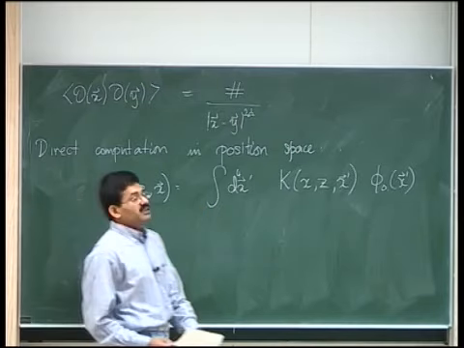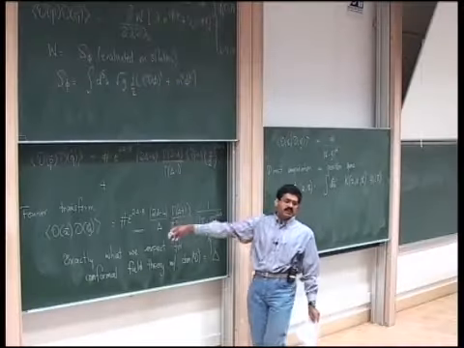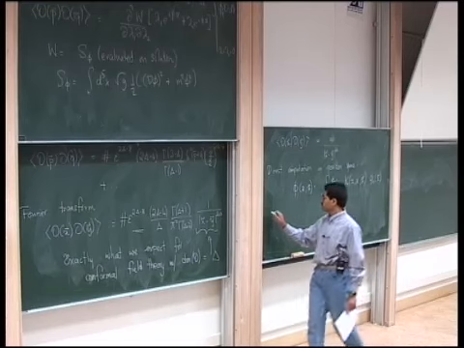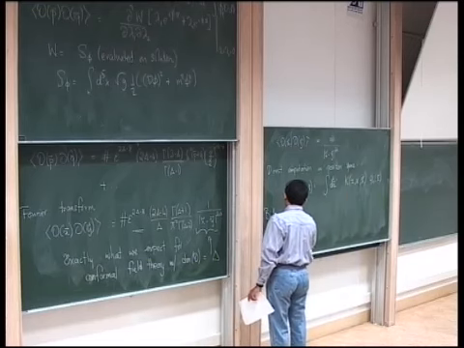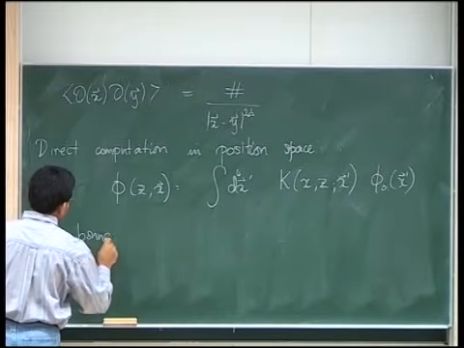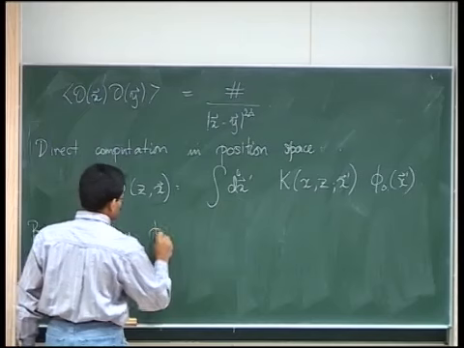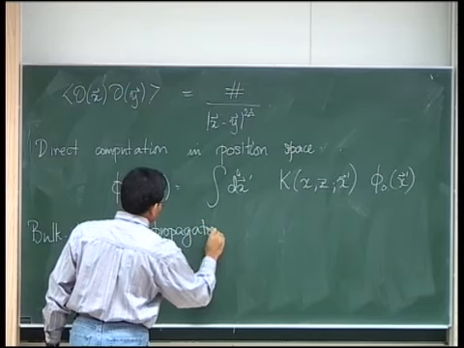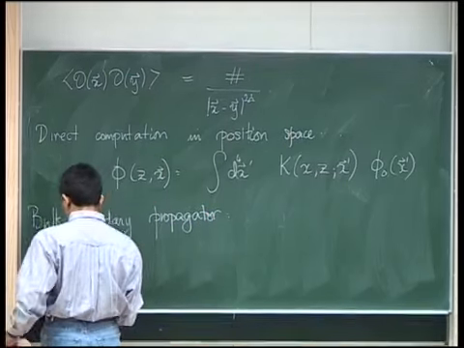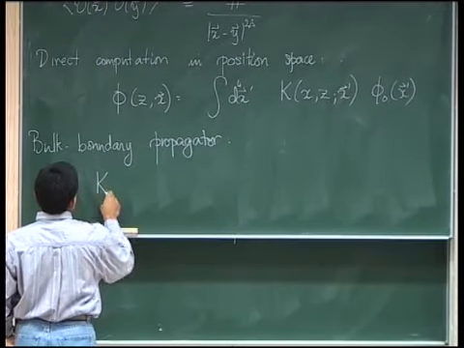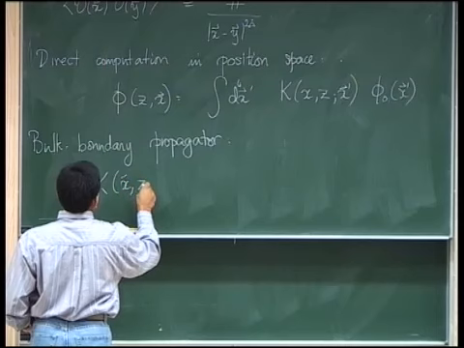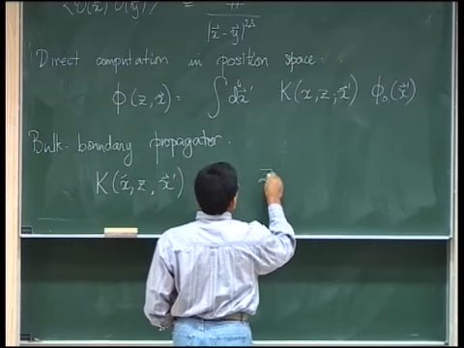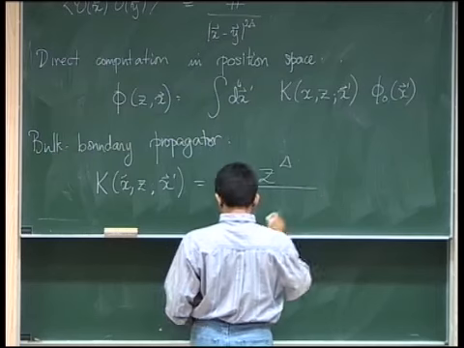So the calculation that I just did can be repeated directly in position space to figure out what this kernel is. So this bulk to boundary propagator for scalar fields is something very simple.